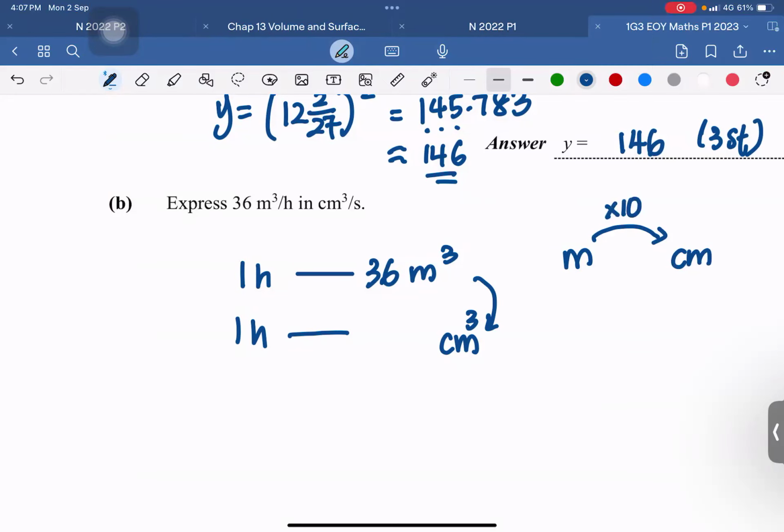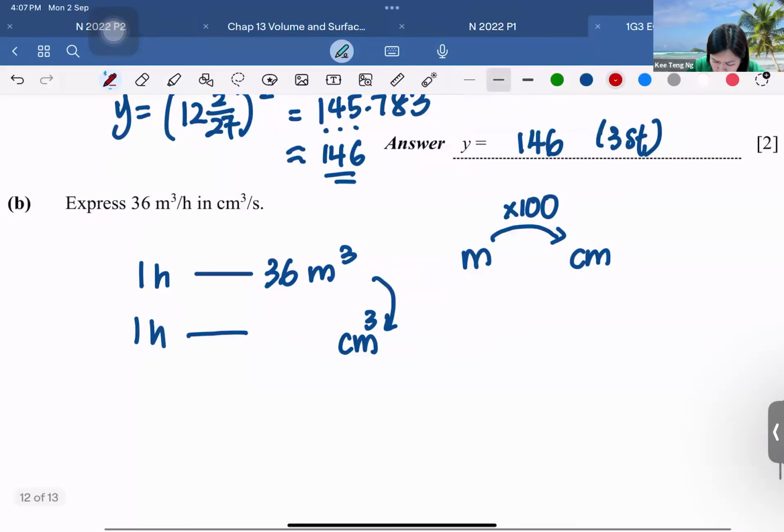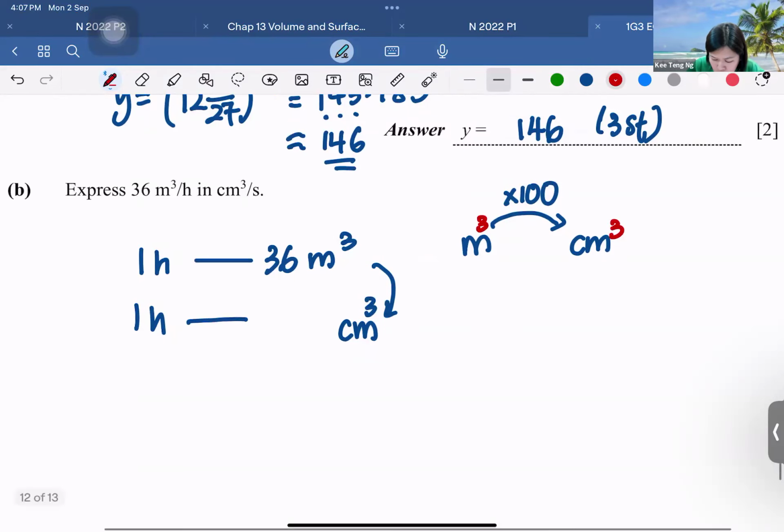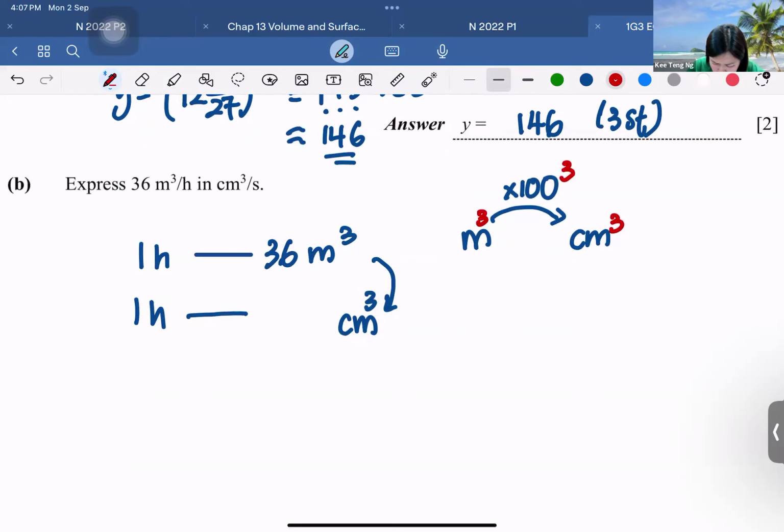Thank you. 1 meter to 1 cm is times 100. But if I have meter cube to cm cube, I need to times 100 cubed. So this will be 36 times 100 cubed.